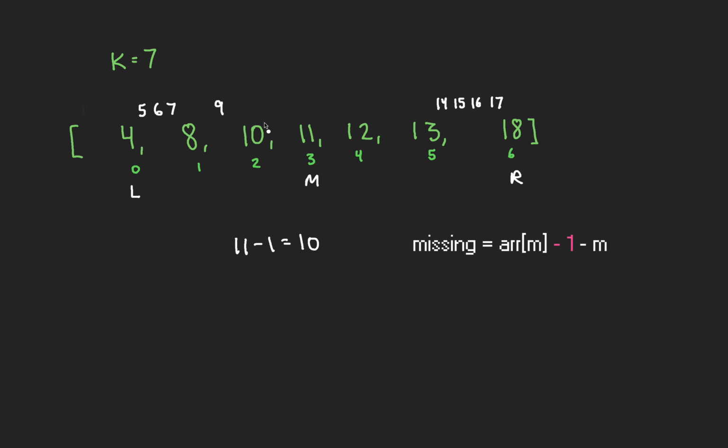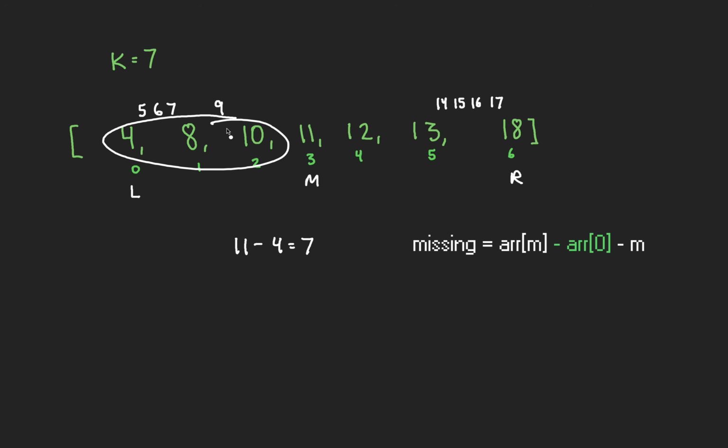In the variant, we want to get the number of positive numbers lower than our 11, but equal or greater to our first element, the 4. Therefore, we shouldn't minus by 1, but rather by the leftmost element. Doing so gets us 7. And if you're a doubter, this is the 1, 2, 3, 4, 5, 6, and lastly the 7. Great. However, we want the missing numbers, so we'd like to exclude these 3 numbers, the 4, 8, and 10.